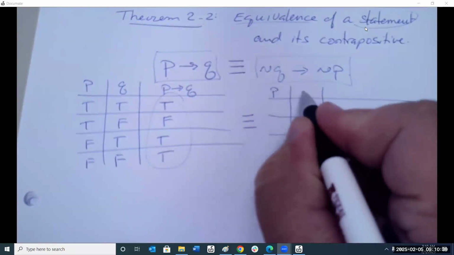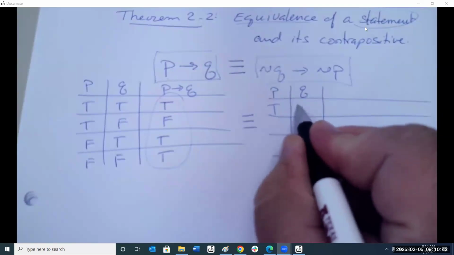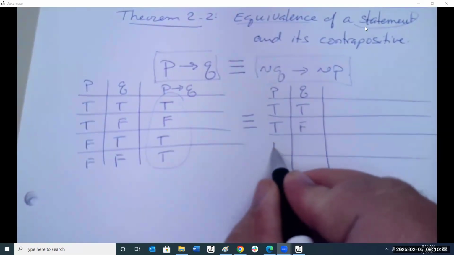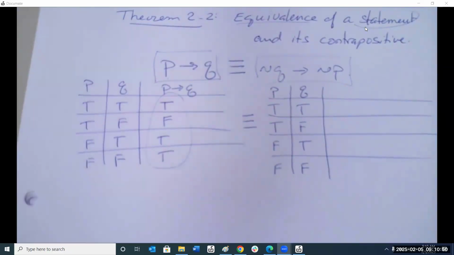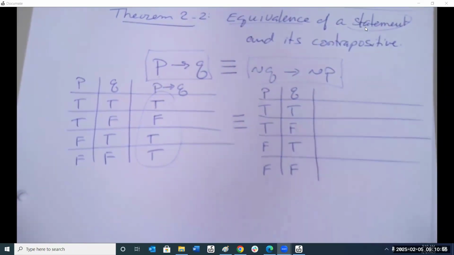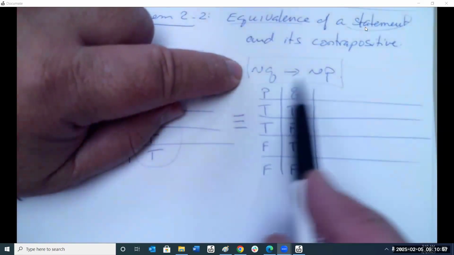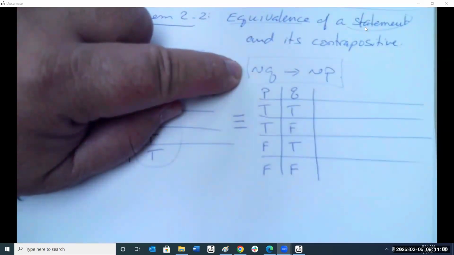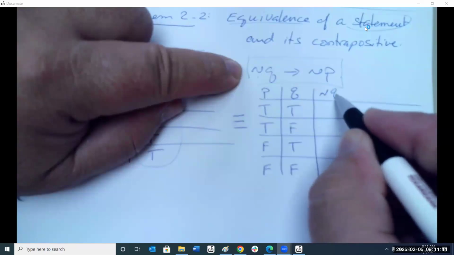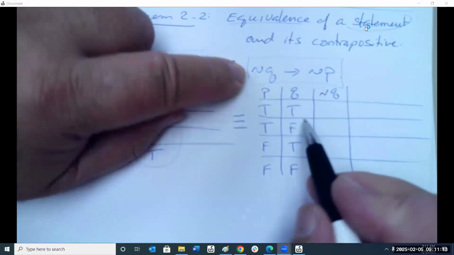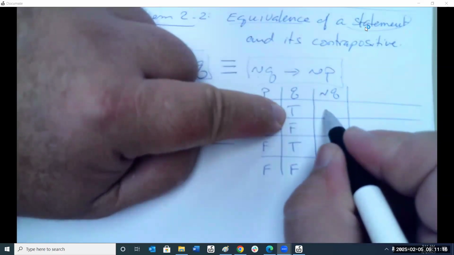So we have P and Q. So it's P, T, T, T, F, F, T, F, F. So what's the first thing I got to build in my column? I'm trying to prove this side. I have to do not Q. So if Q is T, what is not T?